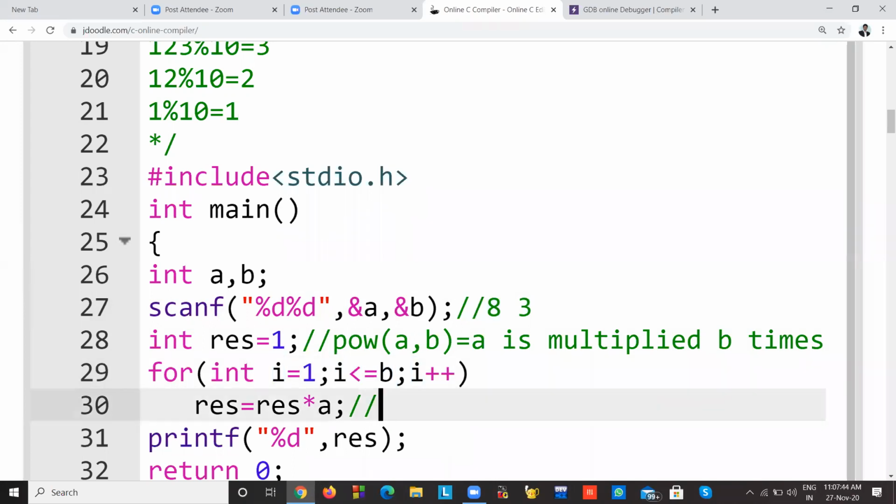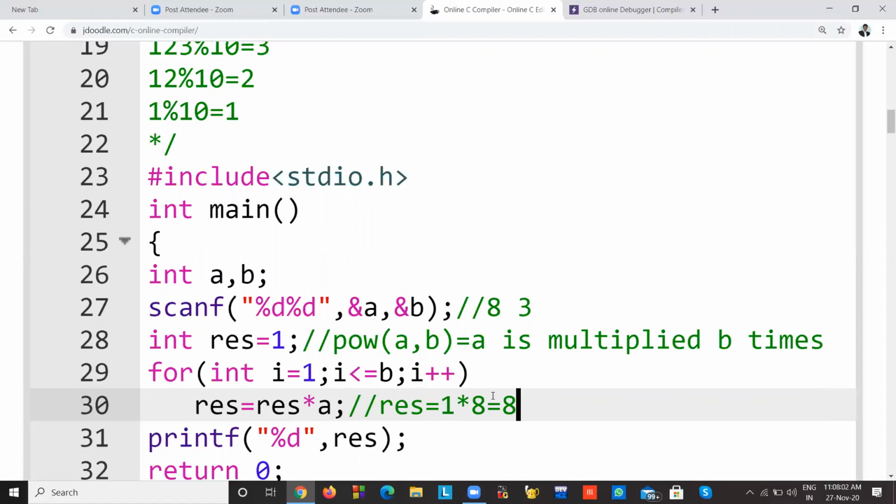Now result is equal to result into a. The initial value of result is 1, so 1 into a, and a is 8.